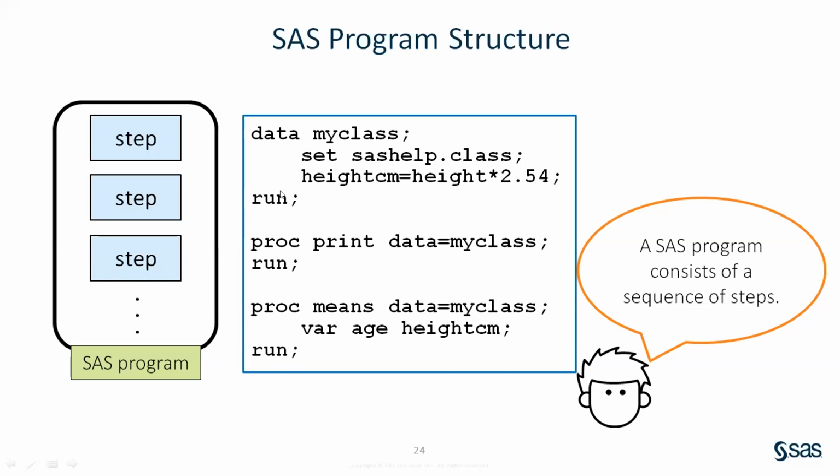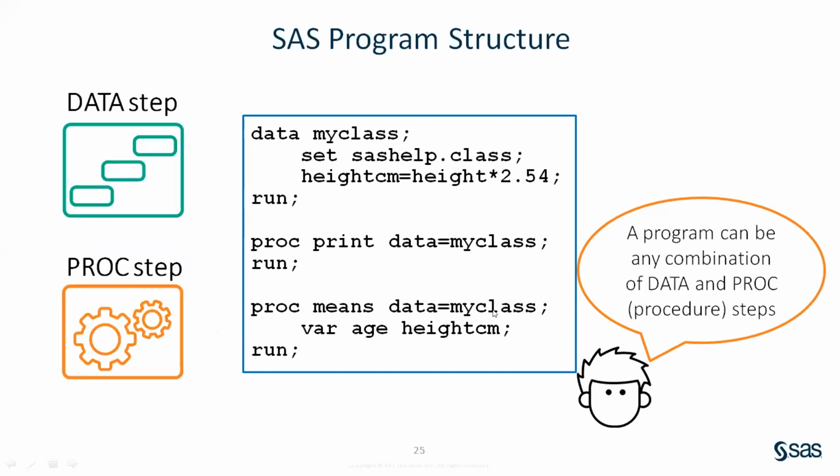A data step ends with run, and a proc step also ends with run. And if you observe carefully, every statement ends with a semicolon. What is that semicolon? I'll explain it to you. So your program always resolves between only these two steps, a data step and a proc step. A program is a combination of data and proc.